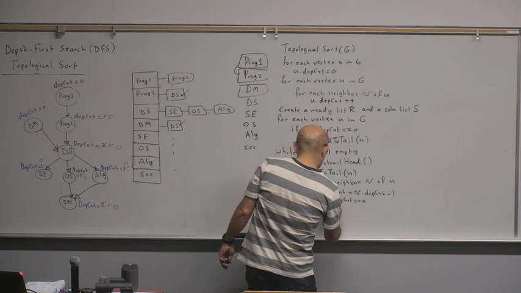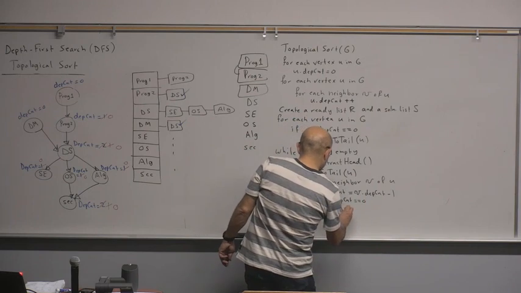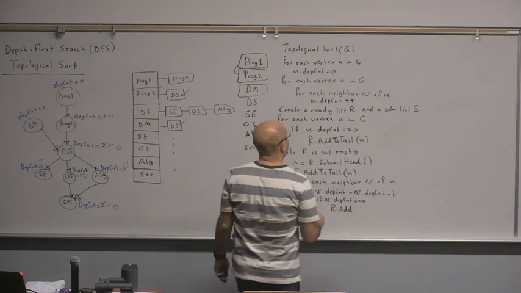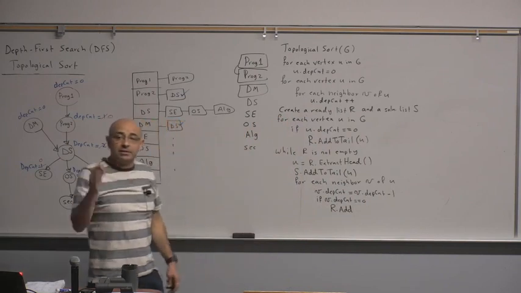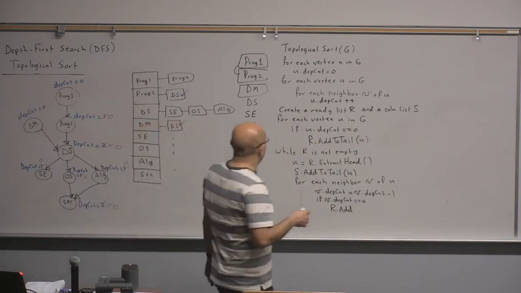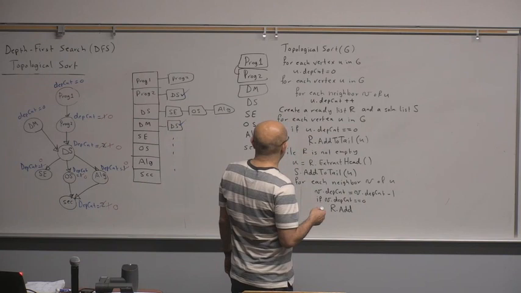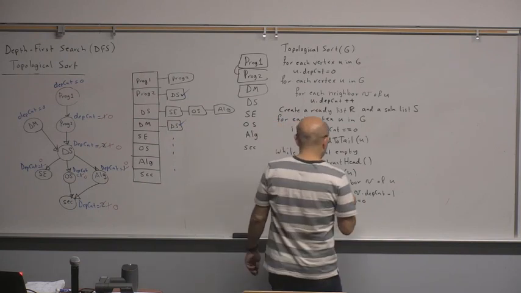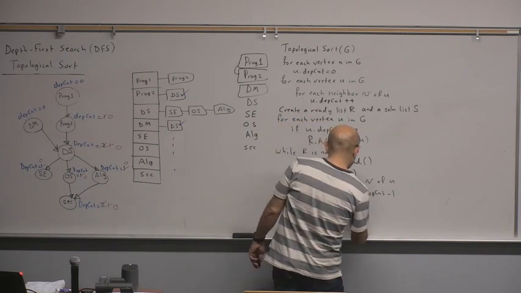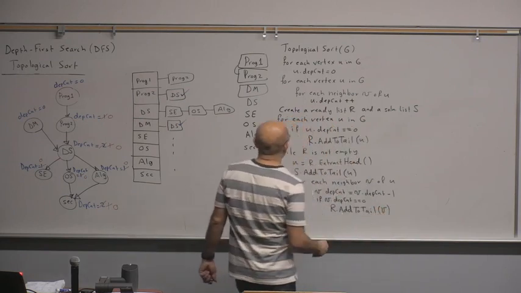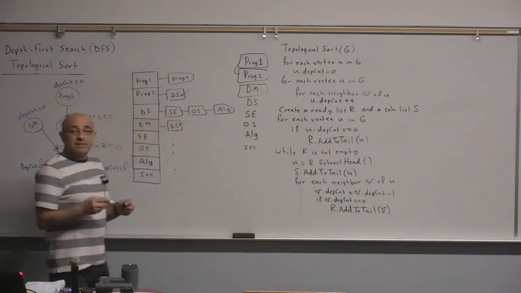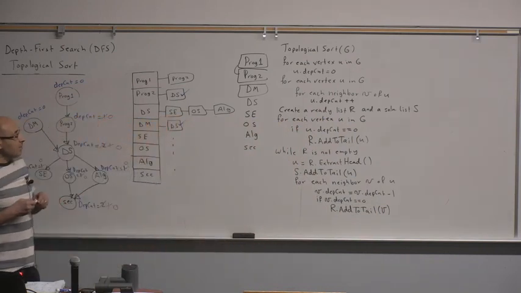So we do R dot add. It doesn't matter head or tail. Things in the ready list are not ordered. But to be consistent, we'll add it to the tail of V. And that's it. So this is the algorithm.